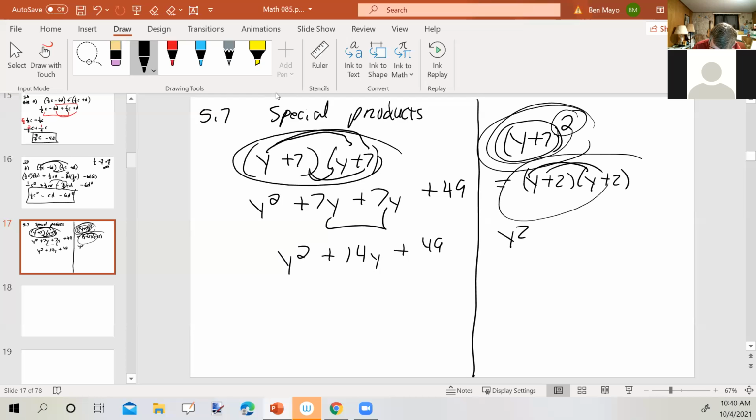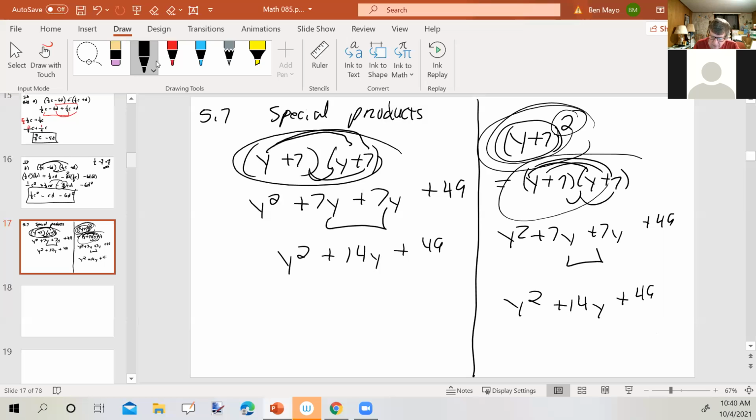Y squared. Oh boy, I am having a Monday. That's supposed to be a 7. Plus 7y plus 7y plus 49, y squared plus 14y plus 49. My point is this is the same as that.